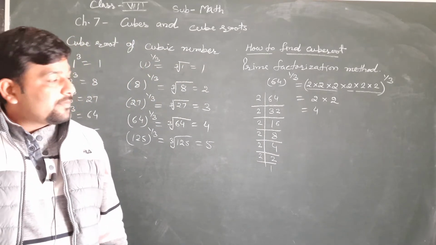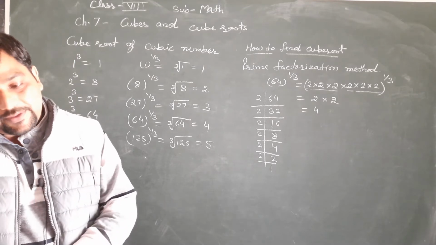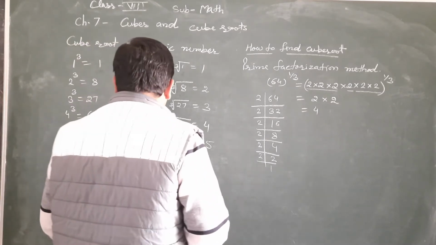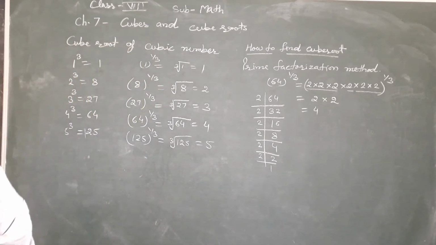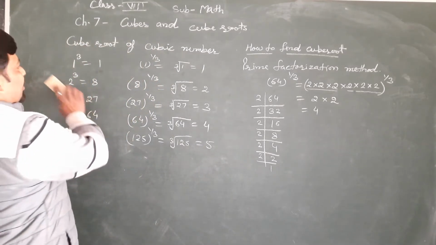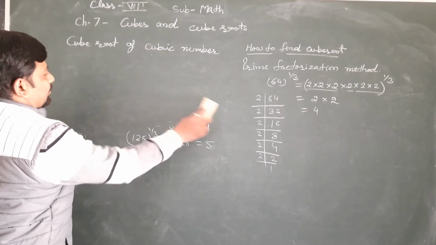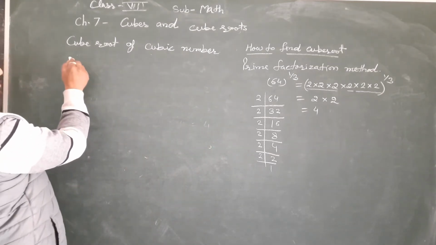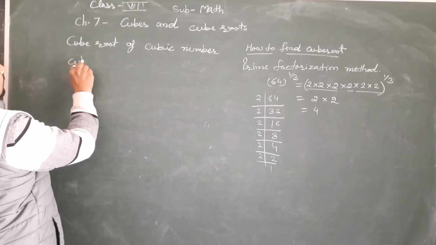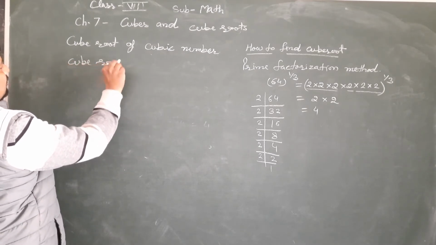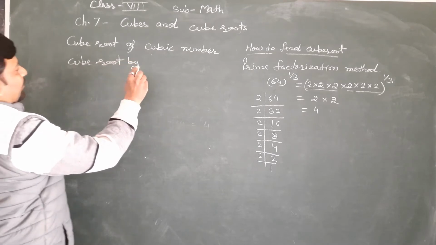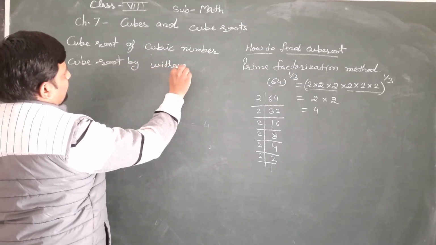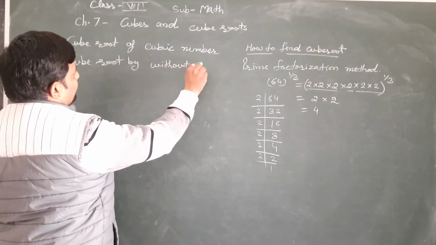And by the estimation method, for example, if we have 4913, this is another method, we can say without calculation, or without prime factorization.